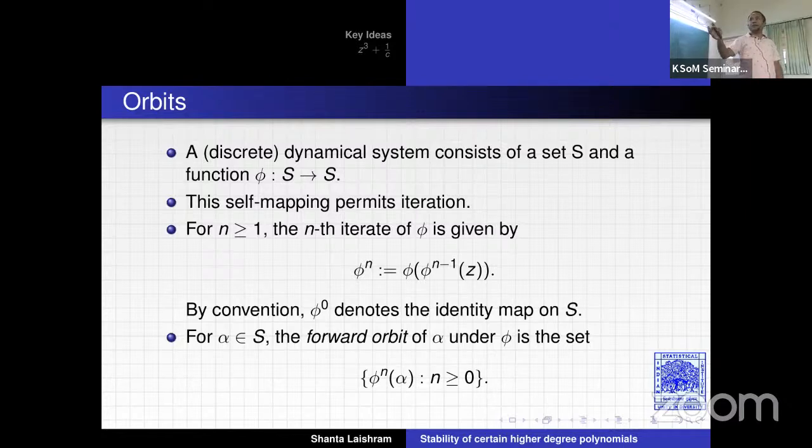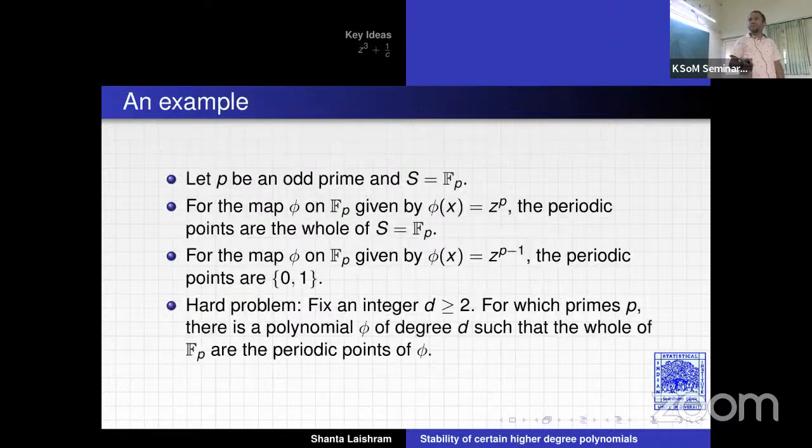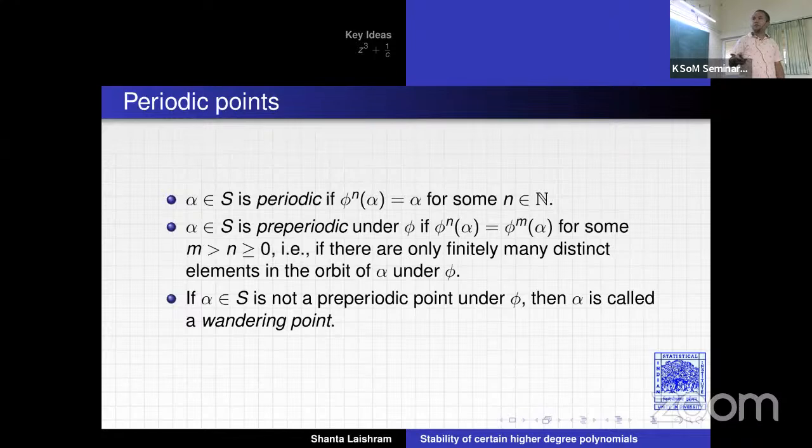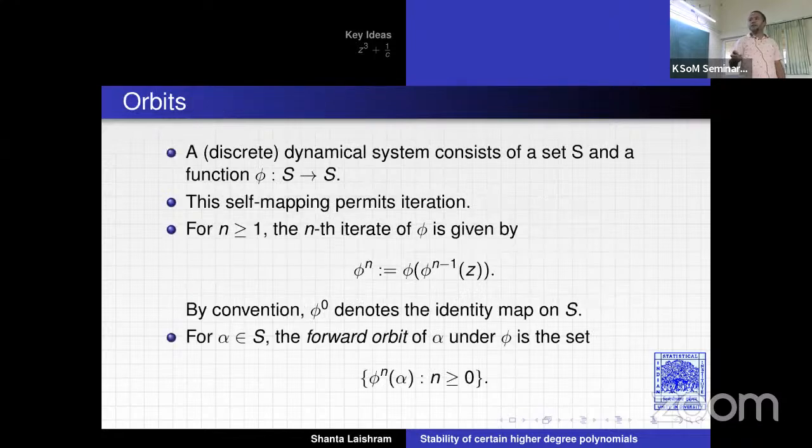By convention, phi to the 0 is the identity map. The forward orbit is, if you start with an element alpha in the set S, phi of alpha, phi squared of alpha, phi cubed of alpha, and so on.